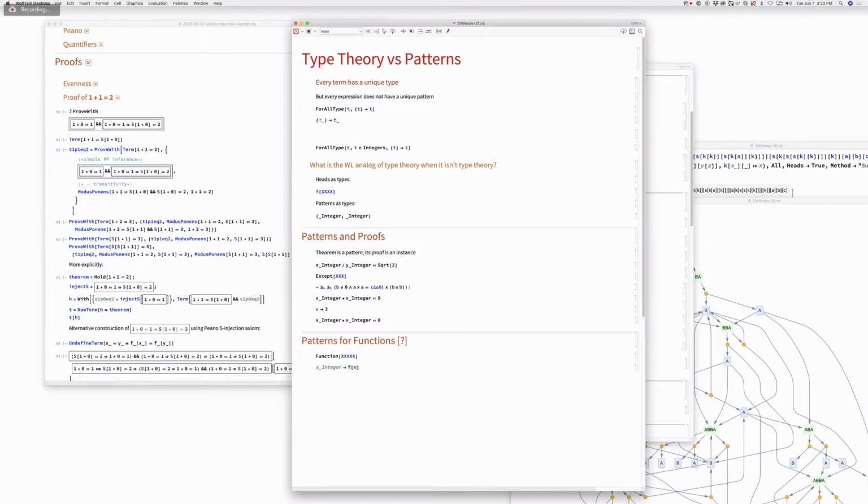Now, the point here is that in the homotopy case, if you can also prove that these different respective terms prove the same type, then within this overall type space, there are going to be homotopies, there are going to be paths, higher paths between these terms.